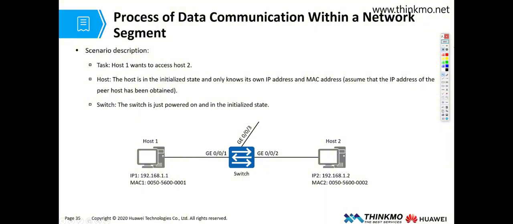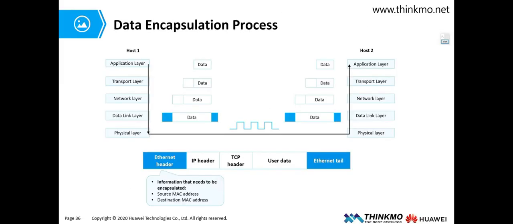If we want to proceed, let's first review what we have discussed before. Before we send out our entire data, we first need to encapsulate our information into our data packet. After the data is generated, I need to add the transport layer encapsulation, then add our network layer encapsulation.